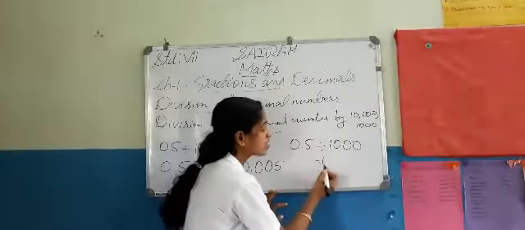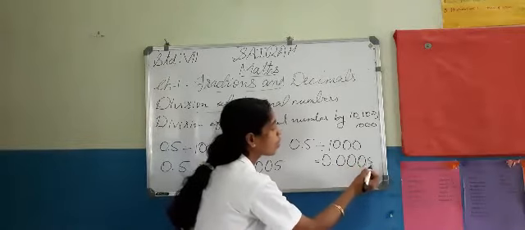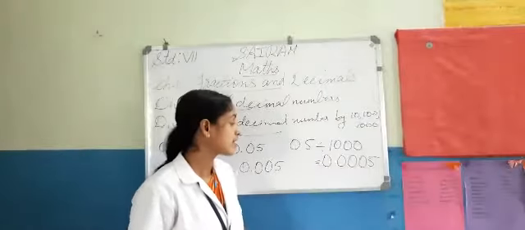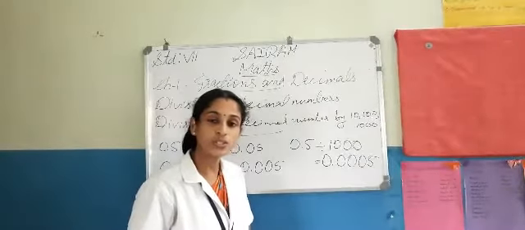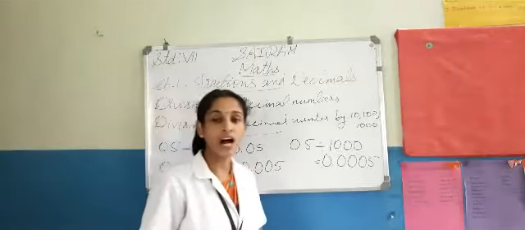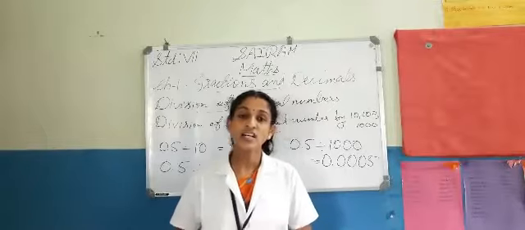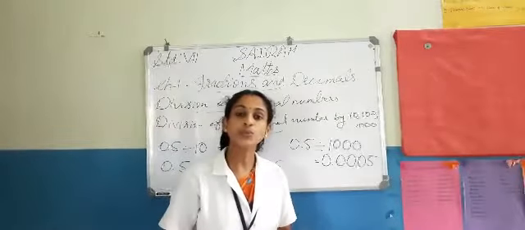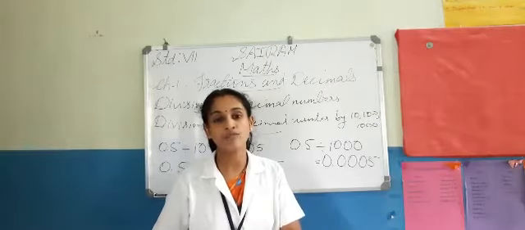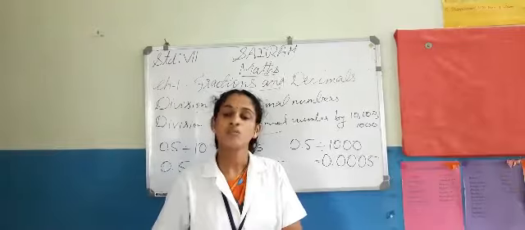Then we get 0.0005, that is your answer. That means when we divide a decimal number by 10, 100, 1000, move the decimal point in the decimal number to the left as many places as there are zeros over 1.